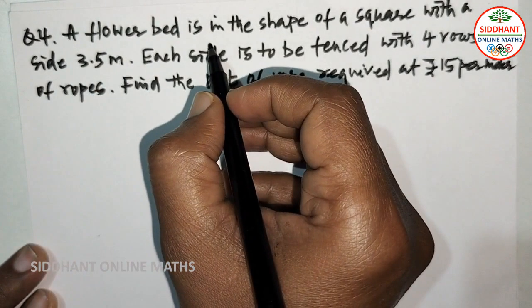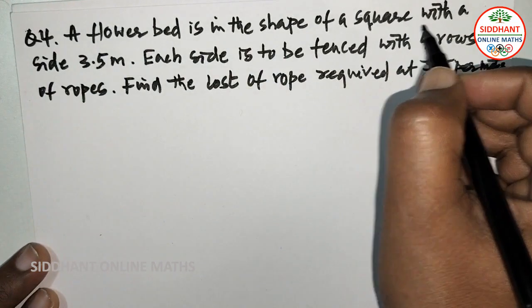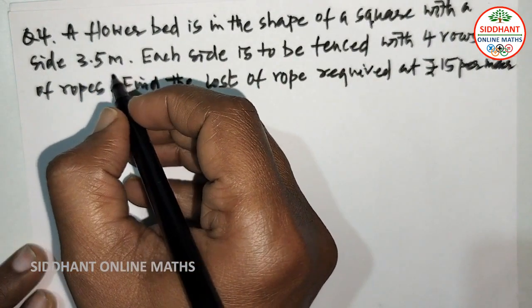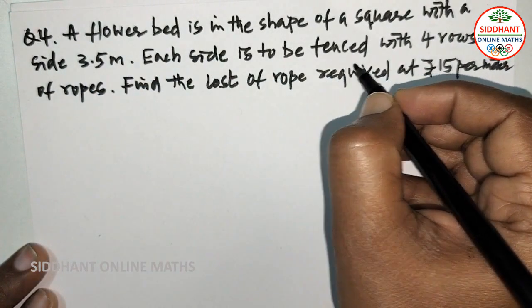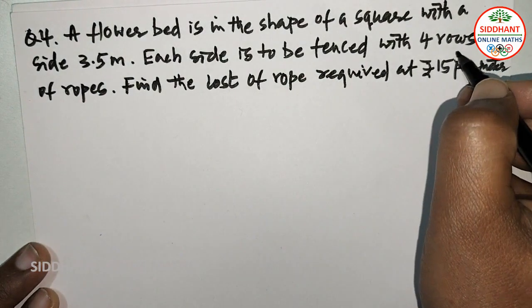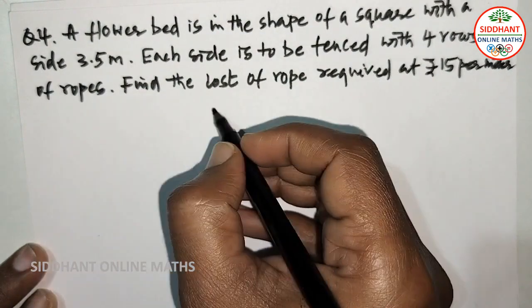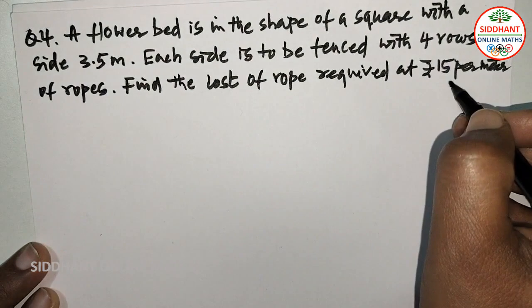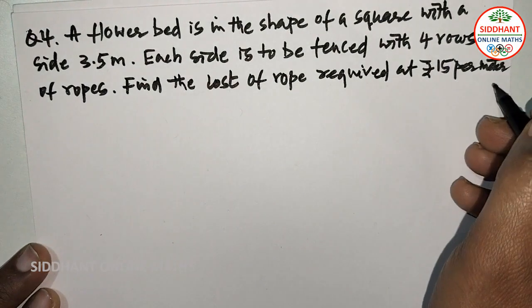Question number 4. A flower bed is in the shape of a square with a side of 3.5 meters. Each side is to be fenced with 4 rows of ropes. Find the cost of rope required at rupees 15 per meter.